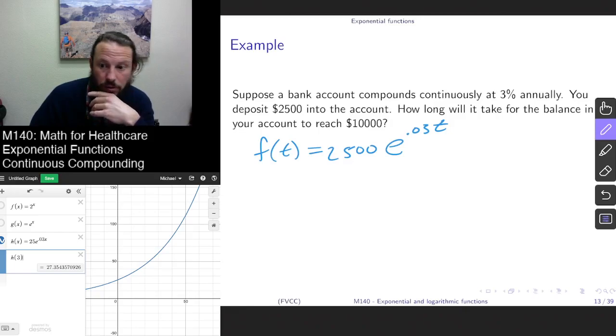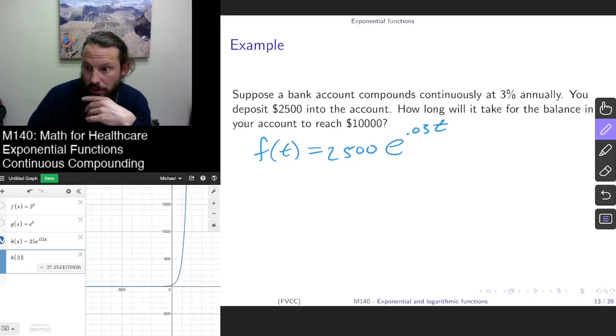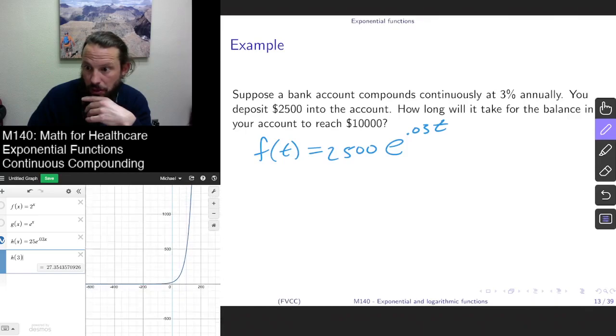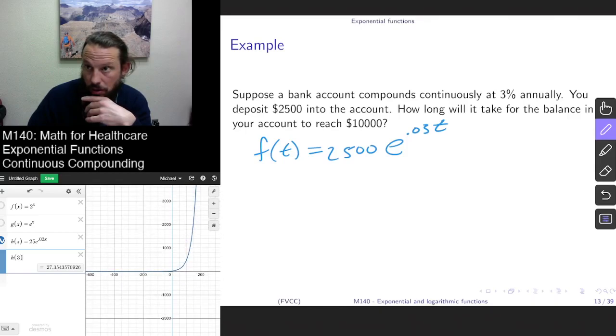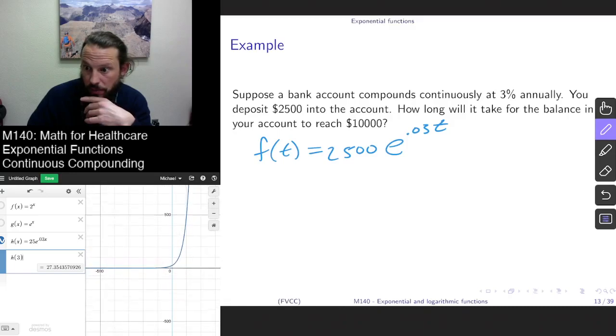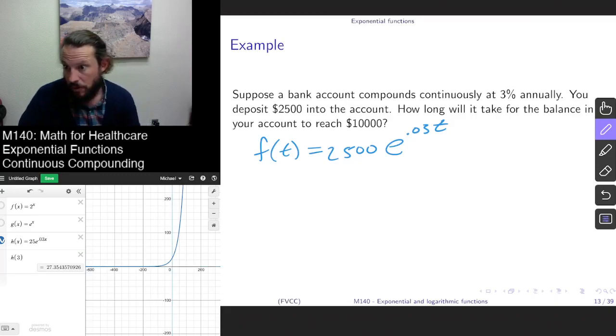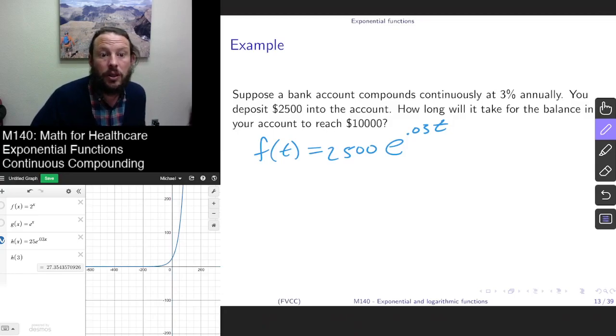We could scroll out and get a little idea. 10,000 would be 100 here, so it looks like maybe 50 years-ish.